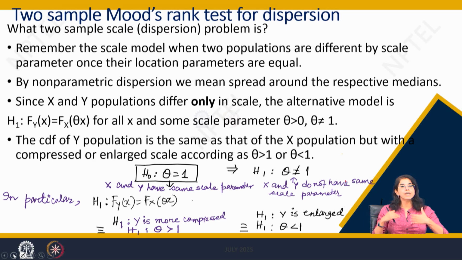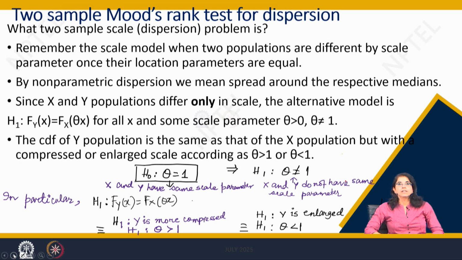But since we are talking about non-parametric, we cannot say that they differ only by the variances. In the parametric setup, the null hypothesis is sigma1 square equals sigma2 square. Here, let us take theta as a scale parameter, and we will see whether the scale parameter of the x observations is the same as that of the y observations, in a more general tone.